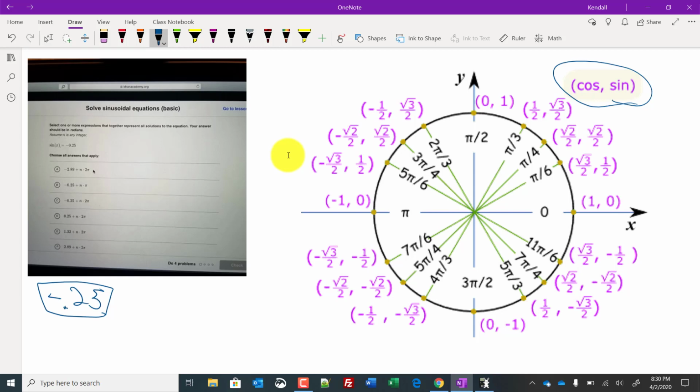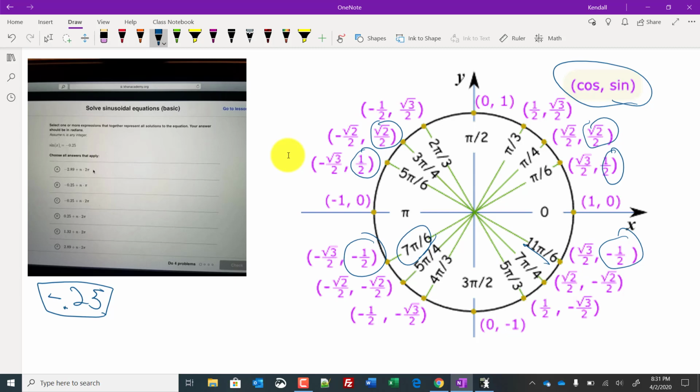And if you look around the circle, you'll notice that most of our angles on here have two values for the sine every time. So the sine of 11 pi over 6 is negative 1/2, and the sine of 7 pi over 6 is negative 1/2. So then we've got one answer here of negative 0.25.